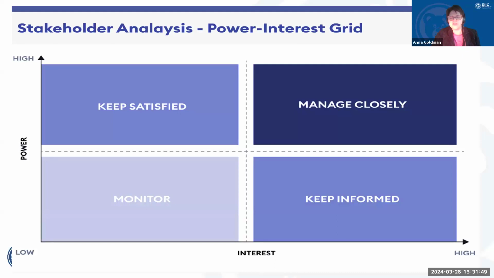So how do we engage the stakeholder? If the team gets on the same page as far as having this language, or you can have different language, it helps identify, meaning monitor, keep informed, manage closely, and keep satisfied. It helps the team identify what is the intensity of our engagement.